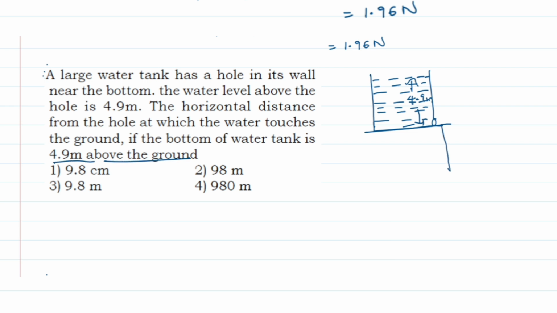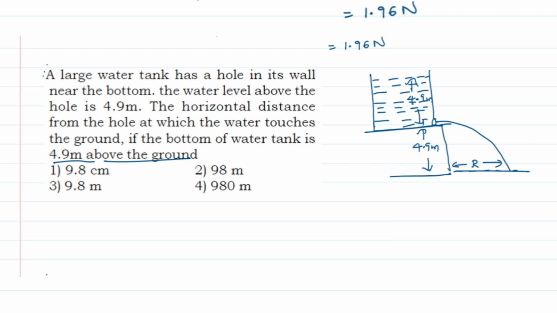Here again the bottom of the water tank is 4.9 meter above the ground. So this is the scenario. Now the water is going to be coming outside. We just calculate the horizontal distance, which is nothing but range.